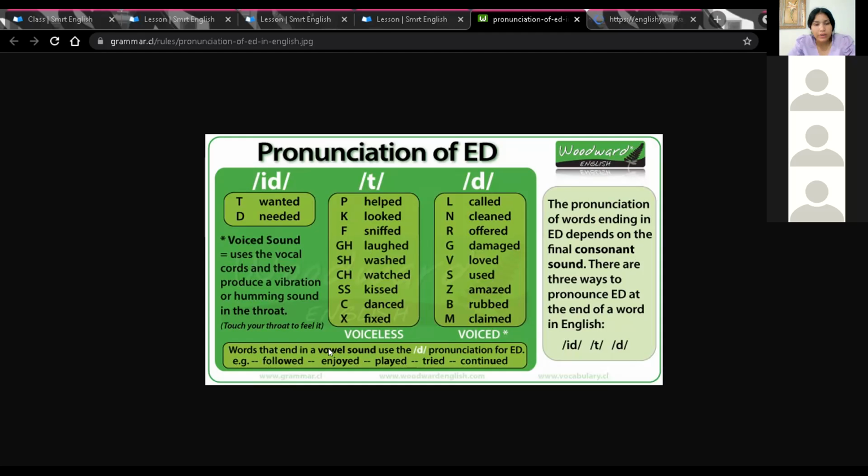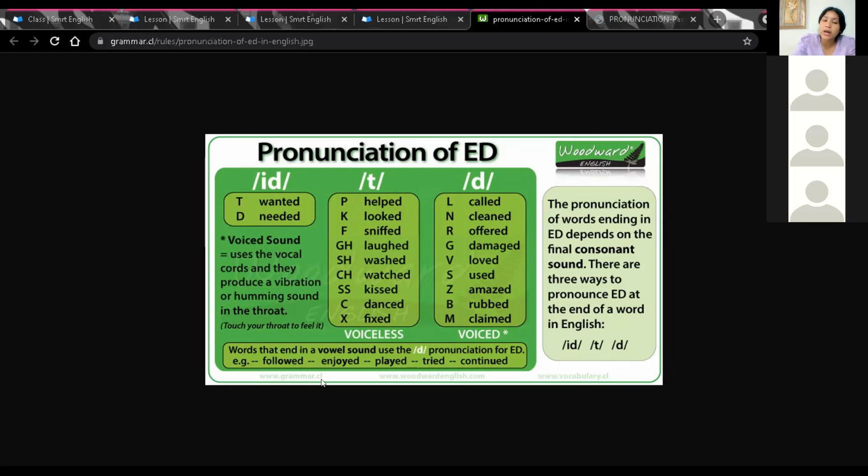Okay, and here it says words that end in a vowel sound use that pronunciation for ed. Words that end in a vowel sound, remember, sound doesn't mean letter. For example, in follow, the W sounds like a U. So it means that it has a vowel sound.